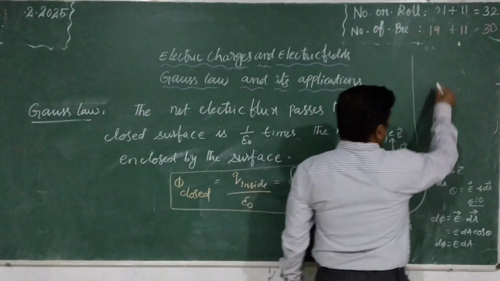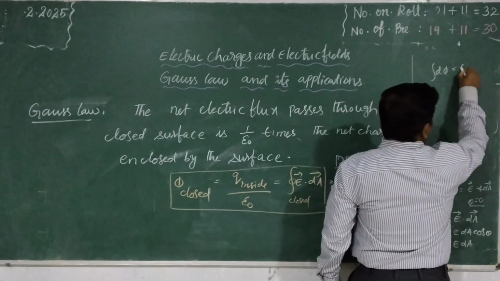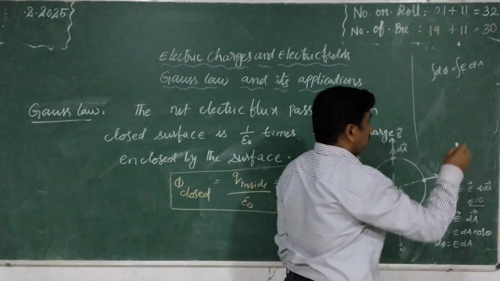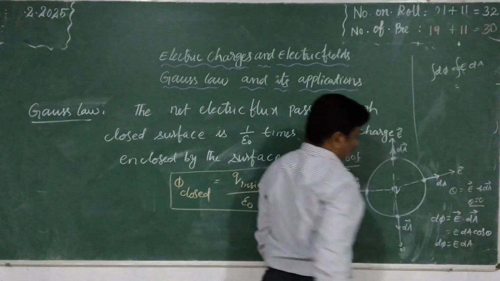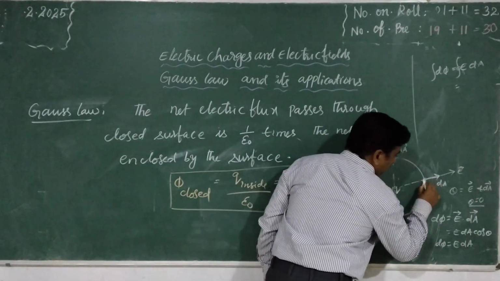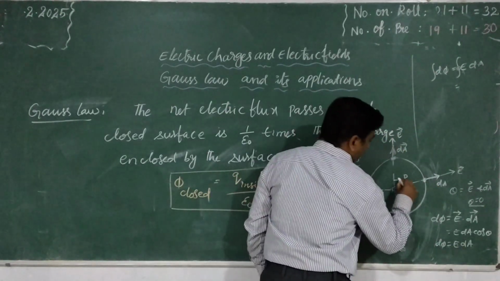We can take the integral of d phi equals the integral of E dA over the closed surface. Now, due to this plus q, what is the electric field at this point, at distance r from the charge?